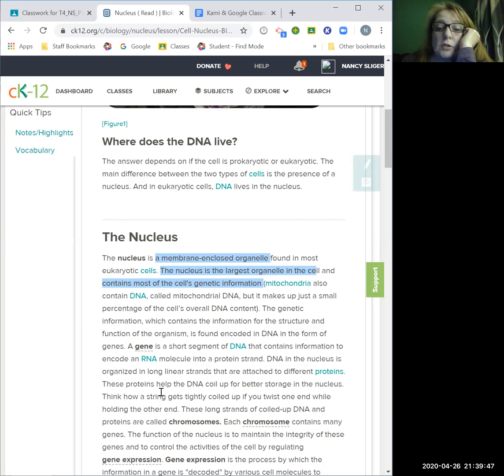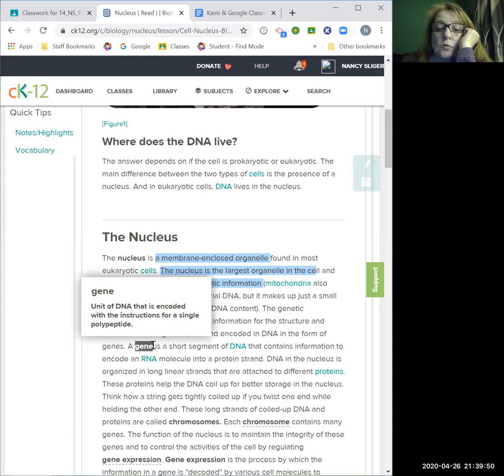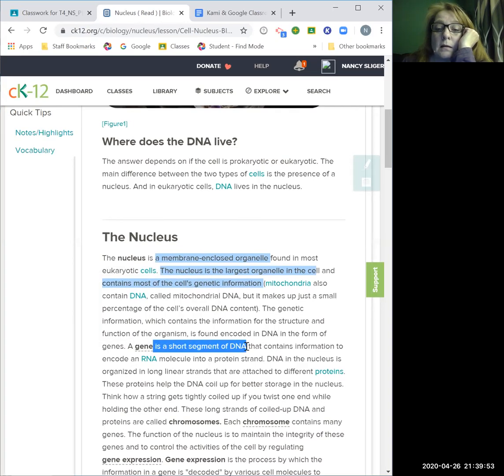So when it says describe a gene, it is a short segment of DNA that contains information. It does encode RNA, and that RNA is used to take information out to the cytoplasm where it assembles proteins, which gives you the traits that you have. But basically, it's a short segment of DNA, and it contains the code for traits that you have.